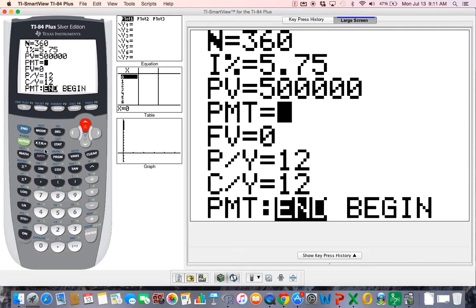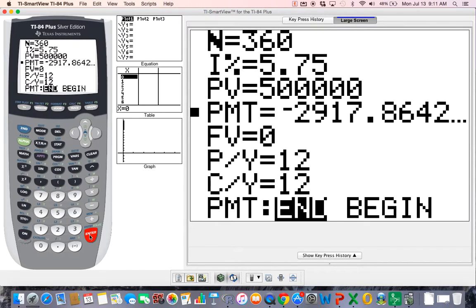Now, if I go back and get my payment on this house, it would be $2,917.86 per month. So you're going to need a pretty good job if you can afford a payment of $2,917.86 per month.